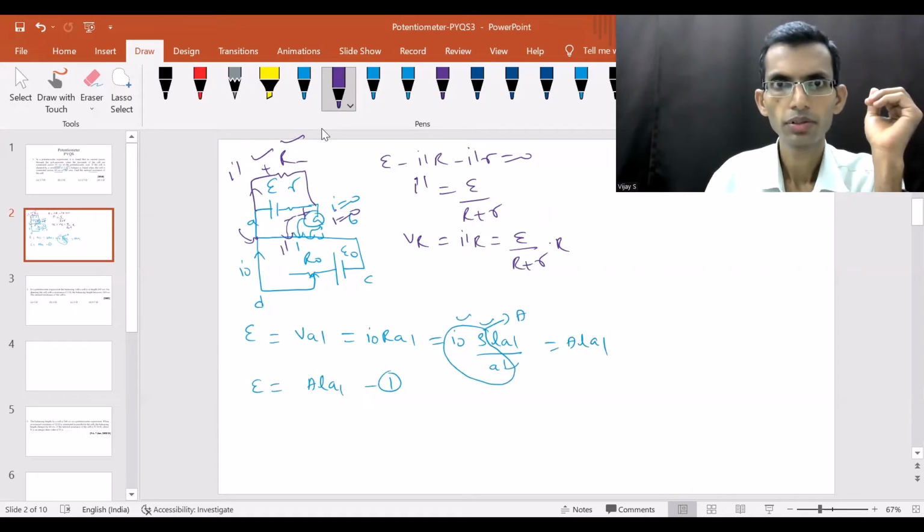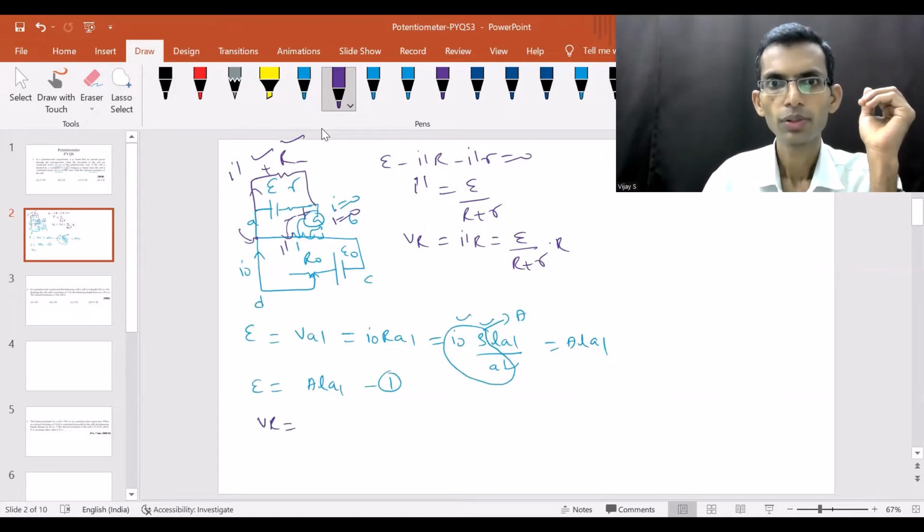So what is the potential difference across the cell? That is VR. So VR becomes equal to the potential difference across junction A and position 1 dash, which is equal to I0 into RA1 dash, which is equal to I0 rho LA1 dash by A dash.